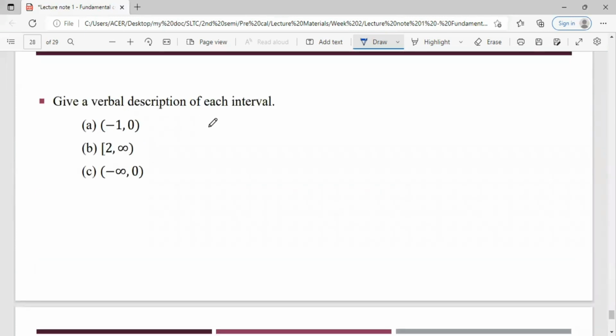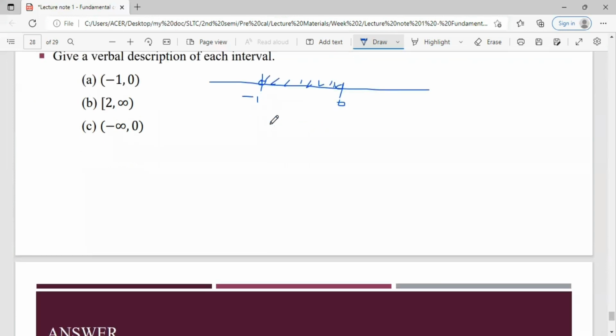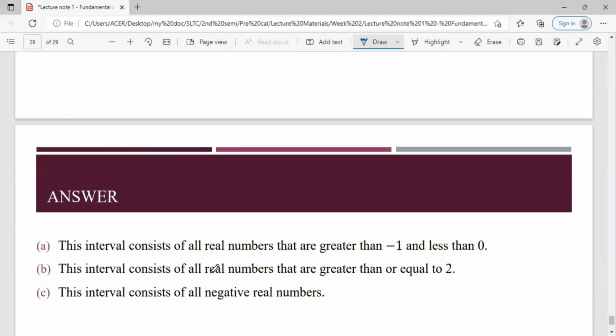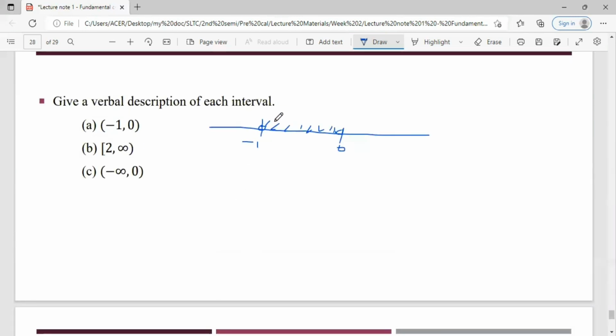If we draw a number line, we have −1 here and 0 here, and in between these two are all the values. So the interval consists of all real numbers greater than −1 but less than 0.